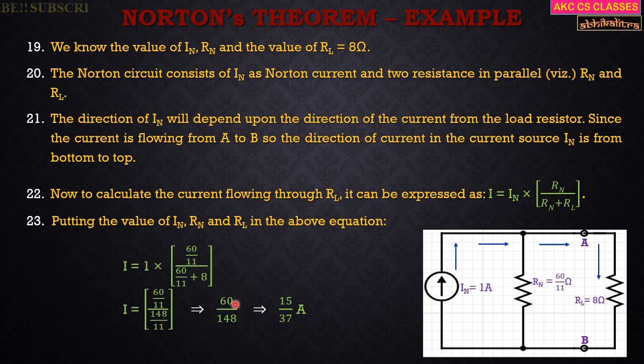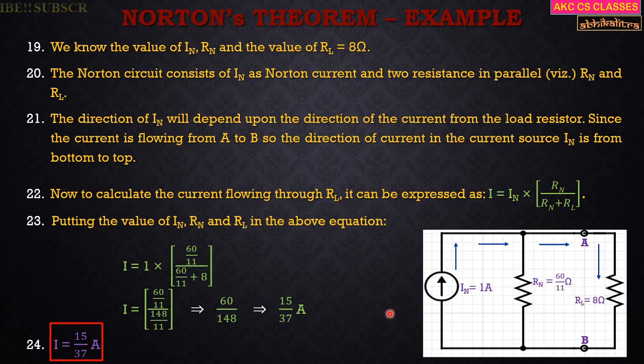If I divide both numerator and denominator by 4, then we obtain 15 by 37 amperes, which is the current that is flowing across the resistor RL. So I is then given as 15 by 37 ampere, which is the final answer of our example using Norton's theorem. I hope you have understood how to calculate the current across any given resistor using Norton's theorem, right?